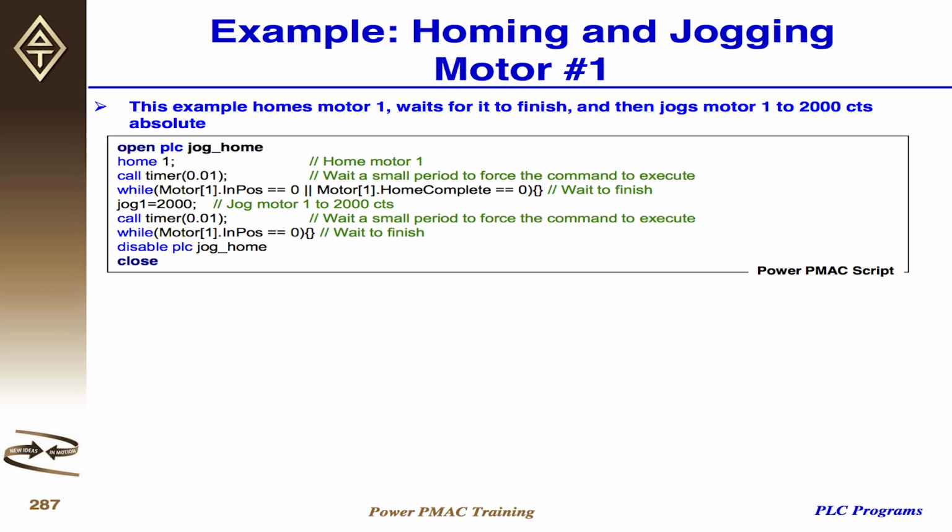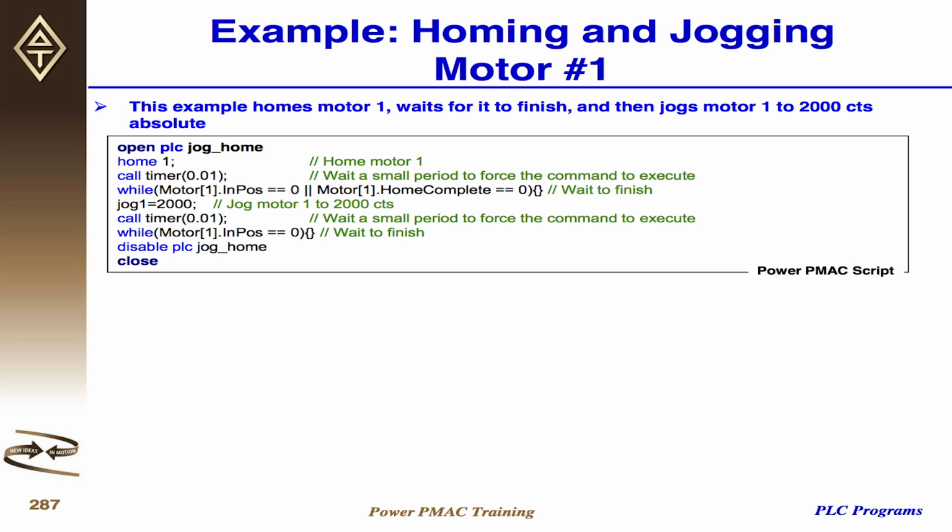PLCs are asynchronous, it will issue home 1 and then move on immediately to the next line. It will move on to this line, and it will start checking whether in pause is 0 and home complete are 0 right away. And it won't necessarily have started the sequencing for the home move before it starts polling these bits.